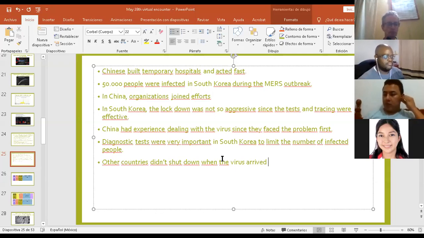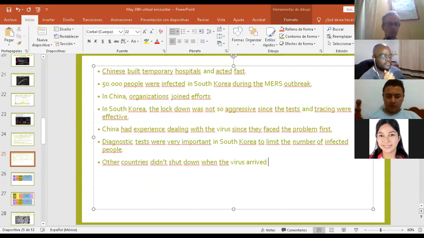But it didn't happen in China, right? They detected the virus and they locked down the place where it started very fast. So it helped to prevent the spread of the virus.